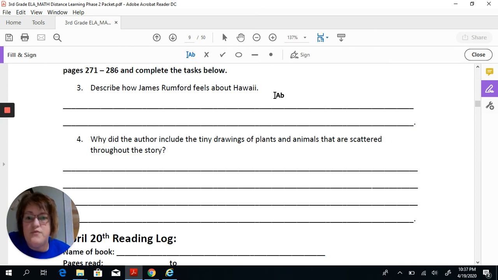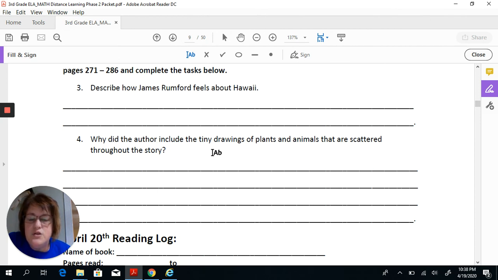Describe how James Rumford feels about Hawaii. So a good way to start my answer would be to take part of this prompt and put it into my answer. So I could say, I know that James Rumford feels blank about Hawaii because blank. And of course, the answer was just in the text.